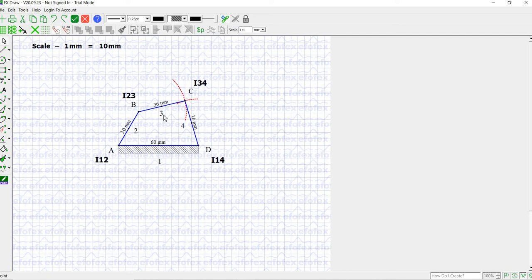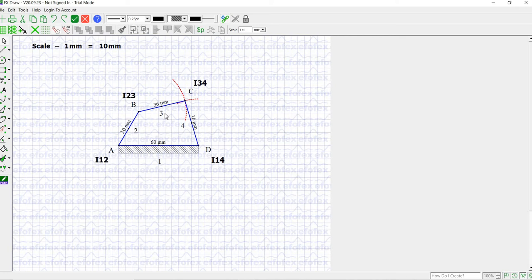Kennedy's theorem says that if 3 bodies are moving simultaneously relative to each other, they have definitely 3 instant centers, from the equation n into n minus 1 by 2, so that will be 3. And these 3 instant centers should lie on the same line.